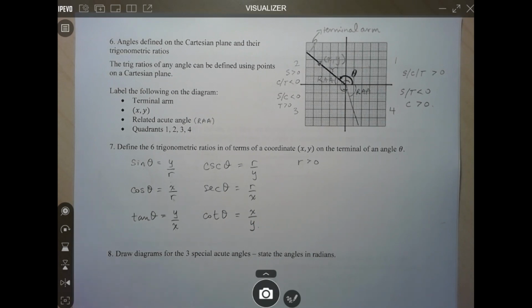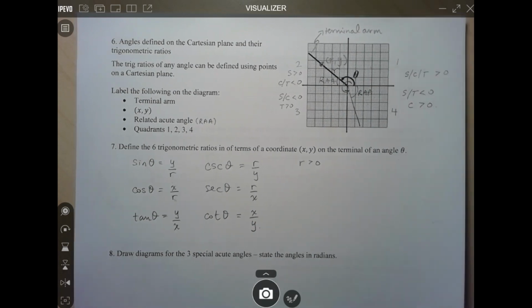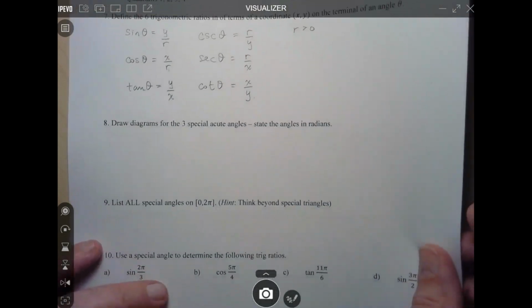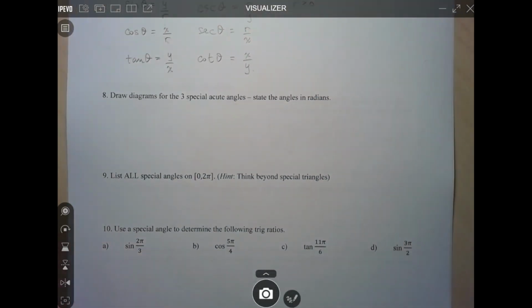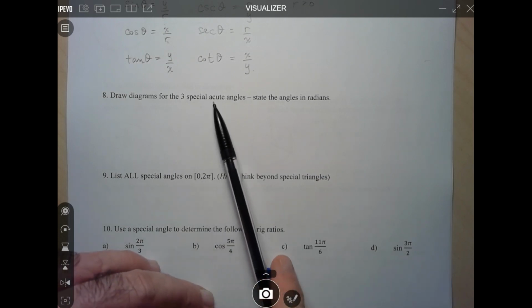All right. Now, what I want you to remember at this point is that there were 3 angles that were special. And the reason why these 3 angles were special is because we could determine the exact trig ratios for these particular angles. Now notice I'm talking about 3 special acute angles.